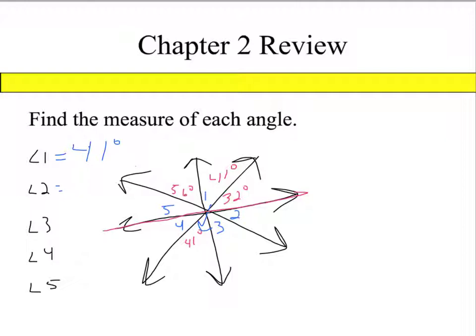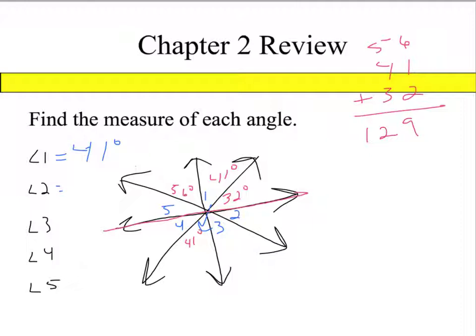So if I subtract 56, 41, and 32 from 180, I can get angle 5. I'm going to take 56, 41, and 32, add those together, and it's going to be 129.